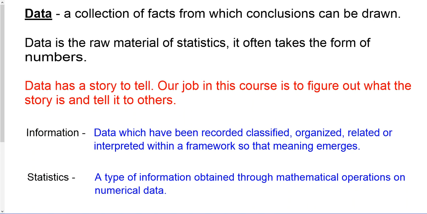We are going to do some statistical analysis on it to extract information from it, and this information is going to be in the form of a conclusion or an interesting observation or something like that. So to put it very succinctly, there's that statement in red in the middle. Data has a story to tell. Our job in the course is to take that data and figure out what that story is and communicate that story to other people.